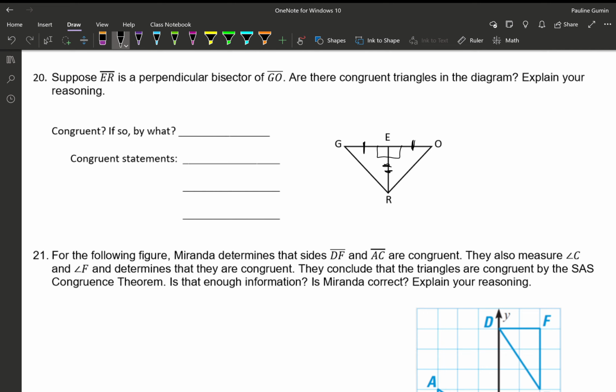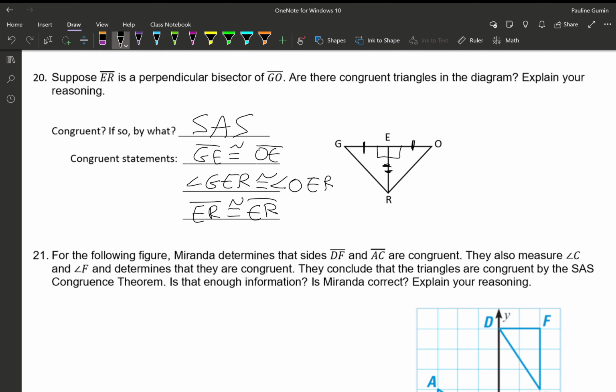Indeed they are, by side angle side. And let's write them down. It gives us side GE and OE. It gives us angles GER and OER. Remember, E's in the middle. And then, of course, reflexive property. ER is congruent to ER.